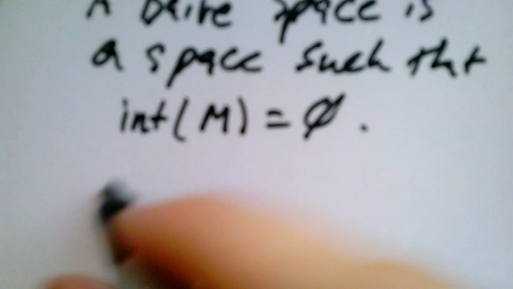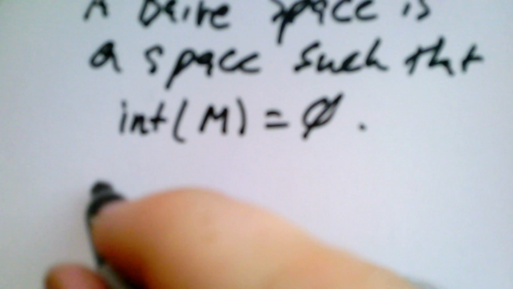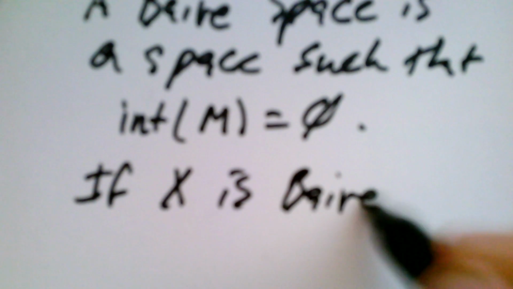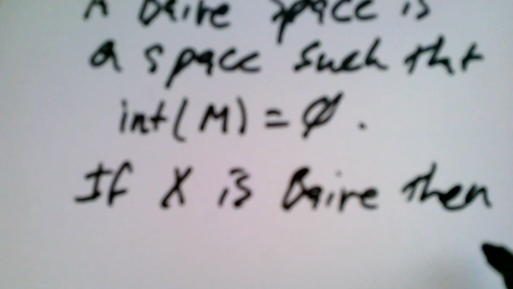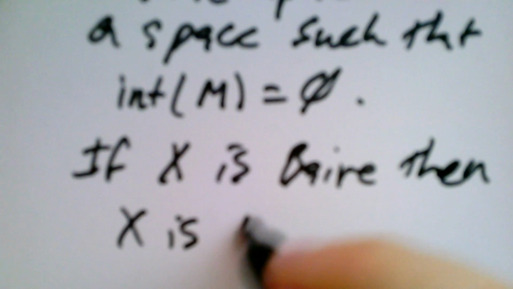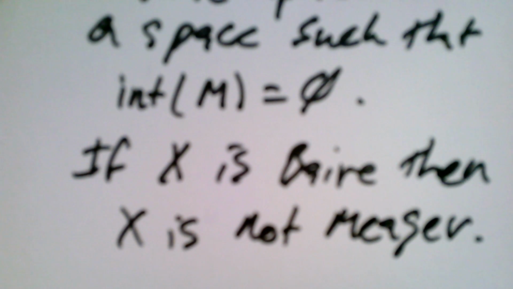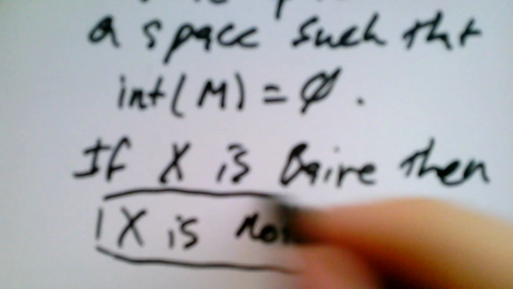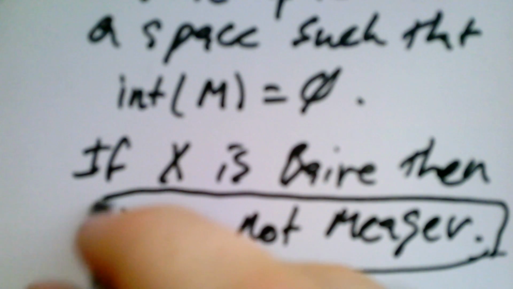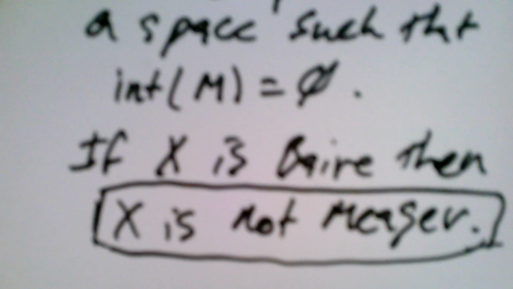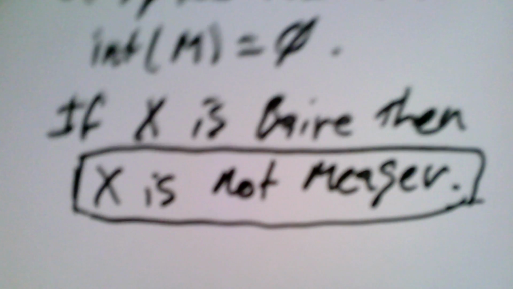So that means that, in particular, if X is Baire, then X is not meager. That's the important part. Not meager in itself. Okay, so we're going to prove that almost homeomorphic is an equivalence relationship on Baire spaces.